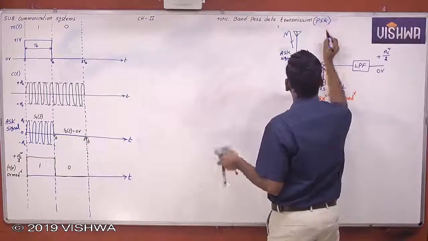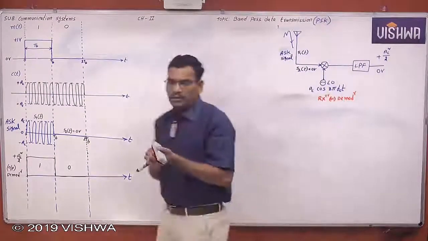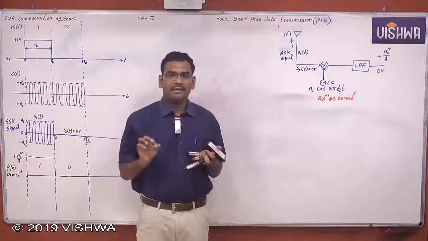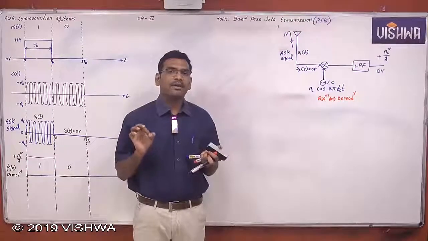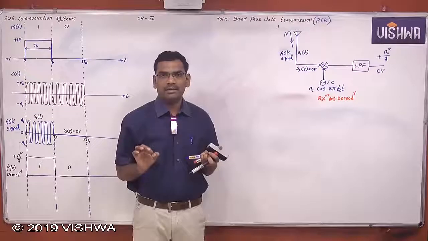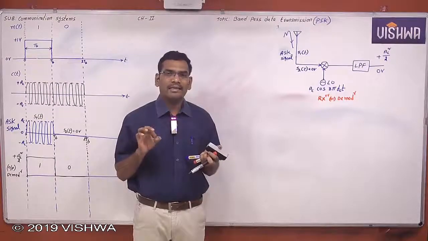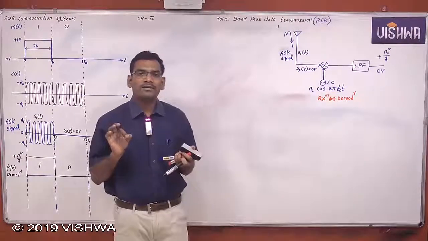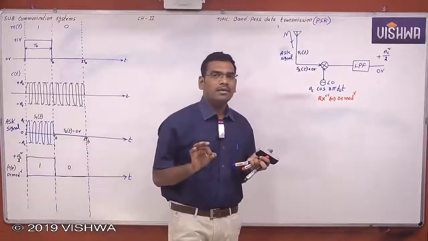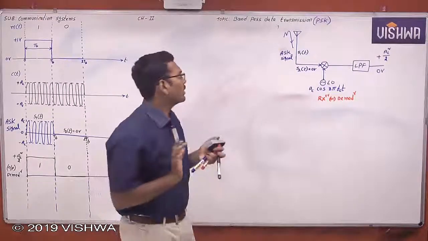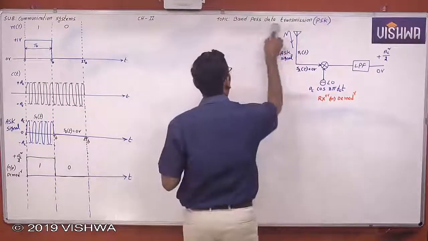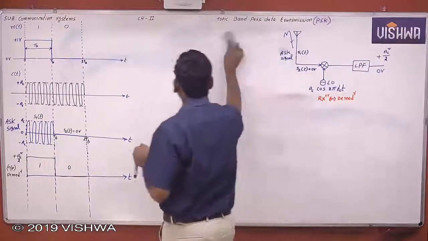First you tell me the definition. What is a PSK? Phase of the analog carrier is varied in accordance with binary data. Okay, phase of the analog carrier varied in accordance with binary data is called phase shift keying. Okay, so now first, modulator designing.